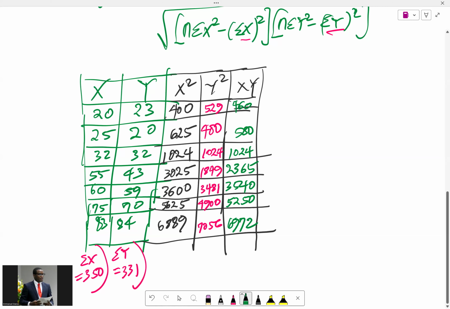Okay, so now we can do the summing. Let's go for the sum of x squared. What does that give us? 400 plus 625 plus 1024 plus 3025 plus 3600 plus 5625 plus 6889.